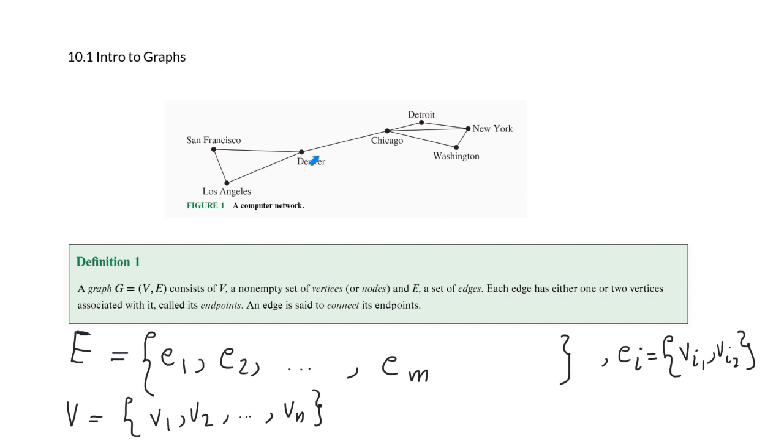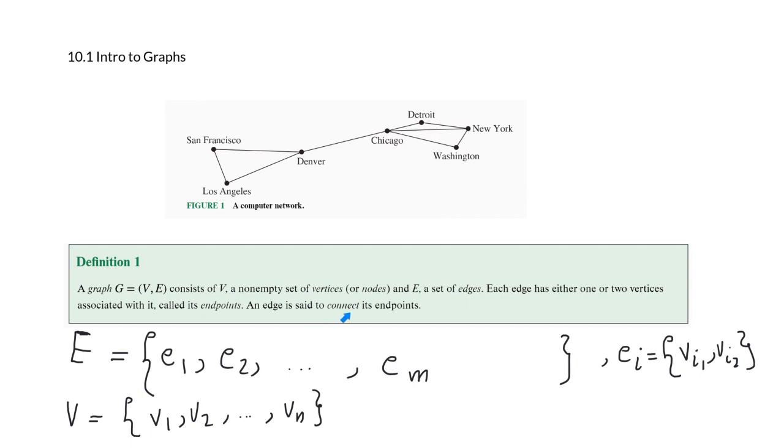So for instance, here this edge contains the vertices which represent Denver and Chicago. This edge here has Chicago and Detroit. So each edge we just represent by the set of two vertices which the edge connects, and those vertices are called the endpoints of the edge.